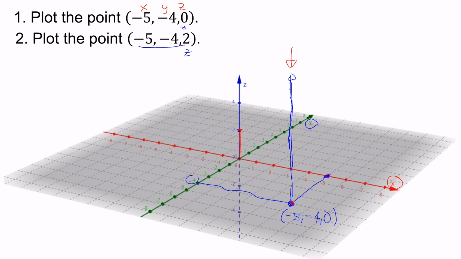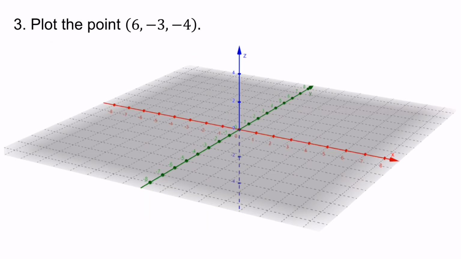Same length, right? From here. So somewhere here is the point negative 5, negative 4, but the z coordinate is 2. So I have a distance from this plane going up 2 units. So that's it.